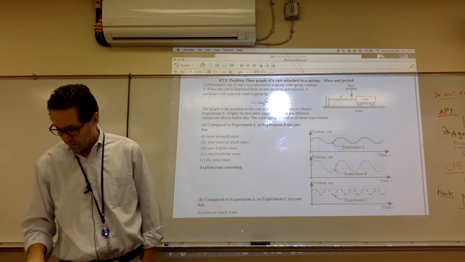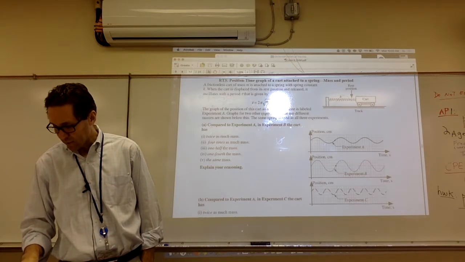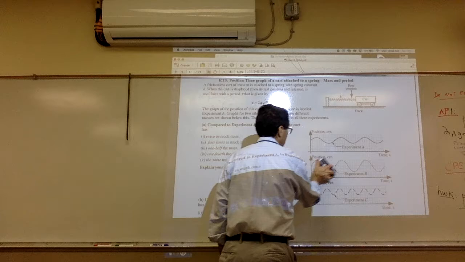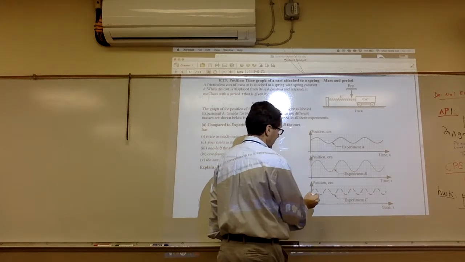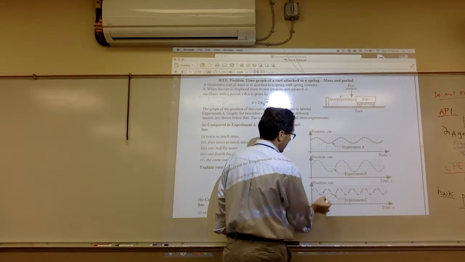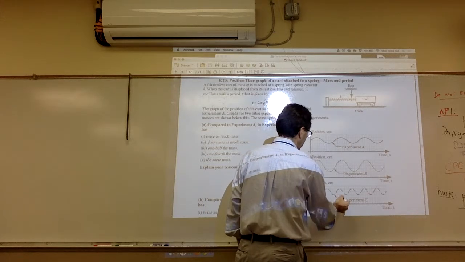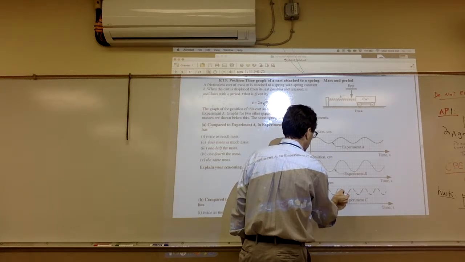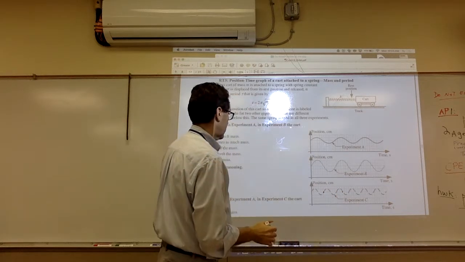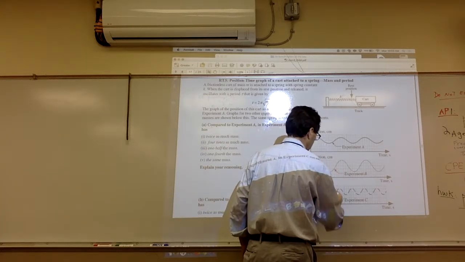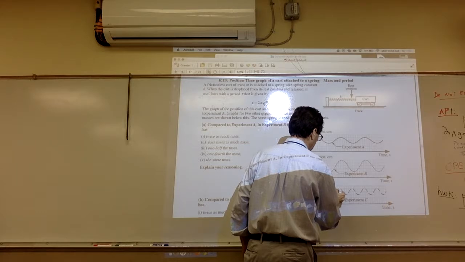Compared to experiment A, in experiment C, the cart has, well, let's see. So let's take a look at experiment C. In here, the period stops there, but the period for the other one is here.